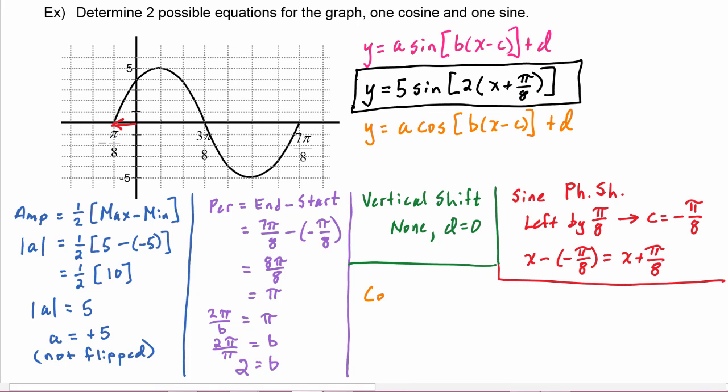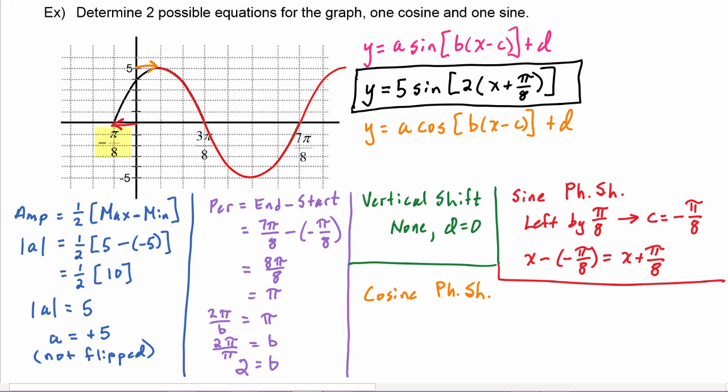Now, if this was a cosine, and we wanted to look at the phase shift, we know that at the y-axis, what normally happens for the cosine is that it would be starting at that maximum value. So that means if this is a cosine graph, it's shifted to the right by whatever this first dotted line mark is.